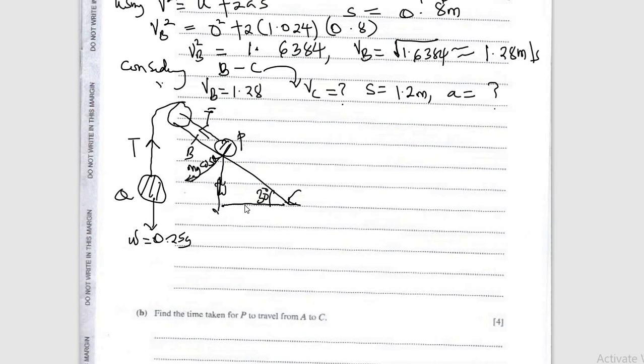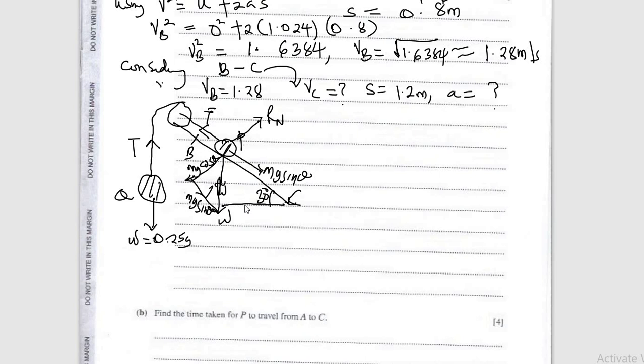This is the weight. This one will give you mg sin theta, which is parallel to this plane, and here is the normal reaction. It's still the same thing, but the difference is that there is no frictional force.